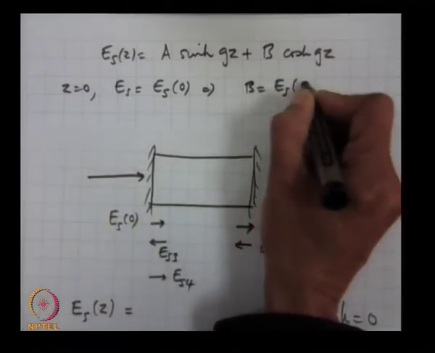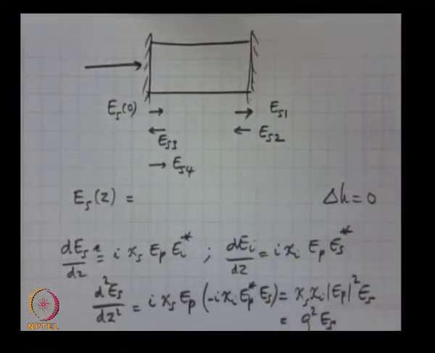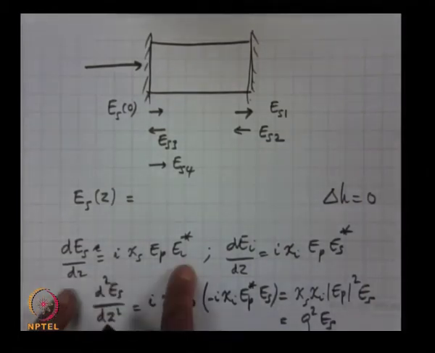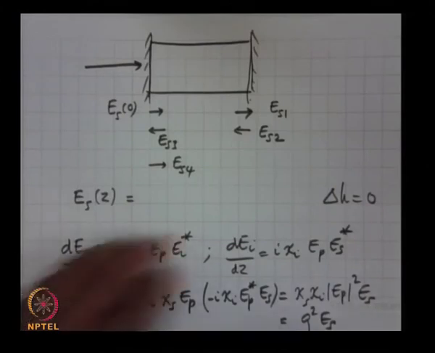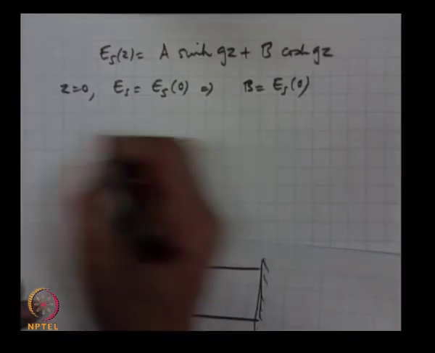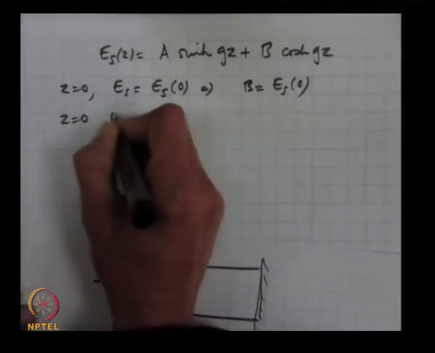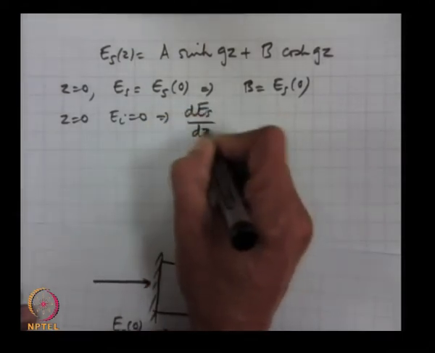How do I find A? At z is equal to 0, Ei is equal to 0, which implies dEs/dz is equal to 0 at z is equal to 0.